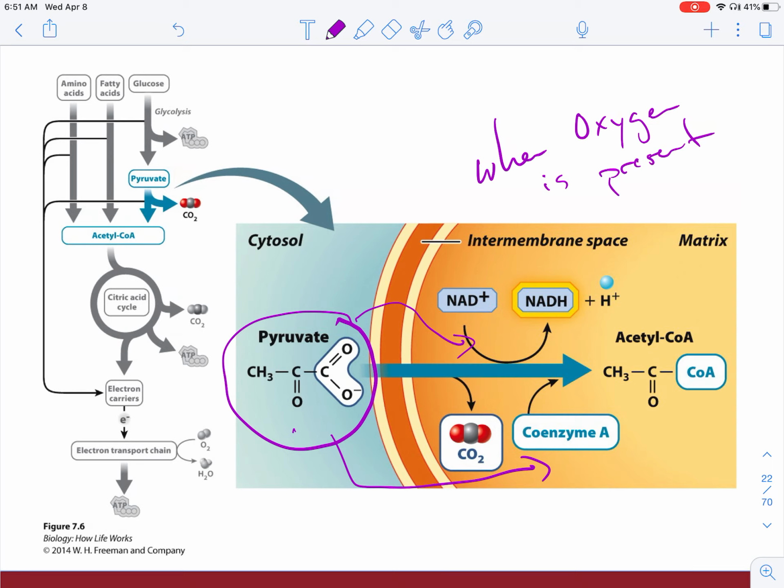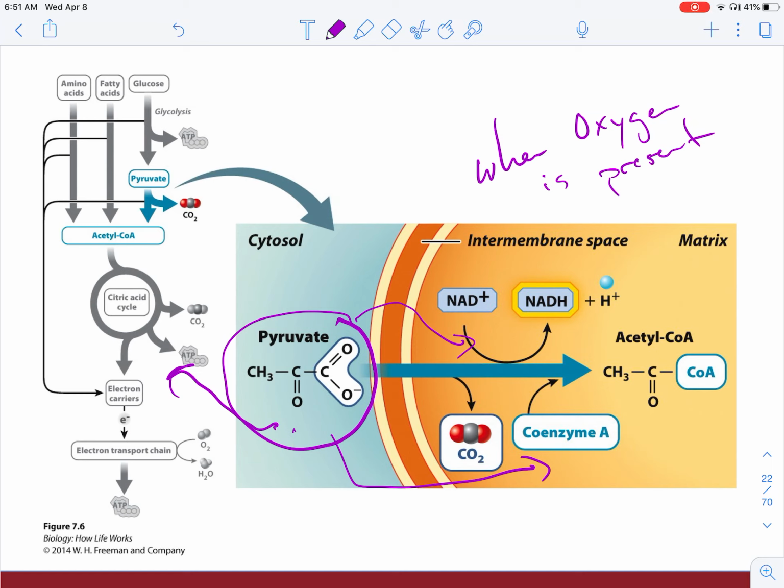So pyruvate goes into the mitochondria, and we'll look at the structure of the mitochondria a little bit later. And the first step to prepare this pyruvate for the citric acid cycle is what's called pyruvate dehydrogenation or decarboxylation.